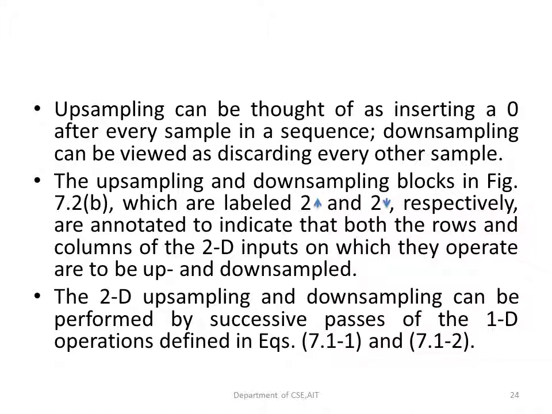Like the separable two-dimensional discrete Fourier transform that we discussed previously, two-dimensional upsampling and downsampling can be performed by successive passes of the one-dimensional operations discussed here, f of 2 upsampling of n and f of 2 downsampling of n.